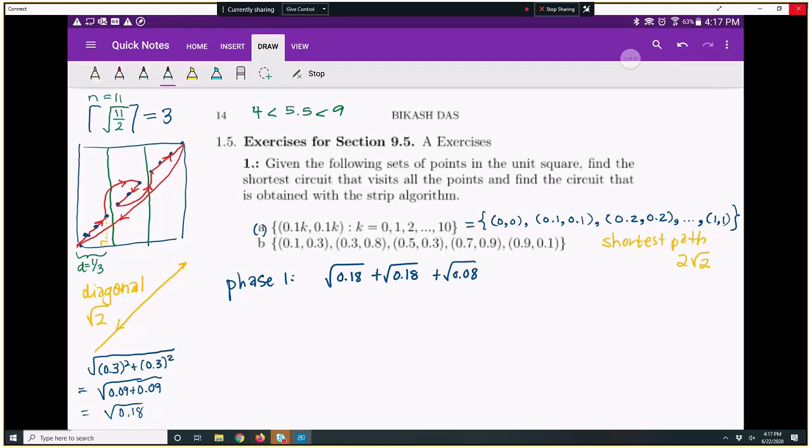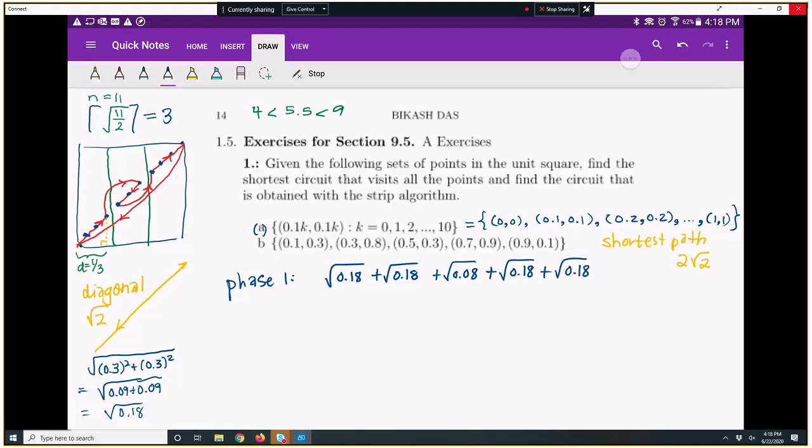Then from the bottommost point in the second strip to the bottommost point in the third strip, that distance is square root of 0.18. Then from the bottommost point in the right strip to the top corner, 1, 1, is also plus square root of 0.18.